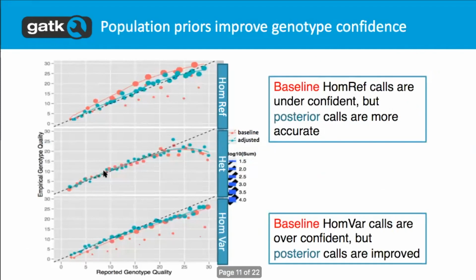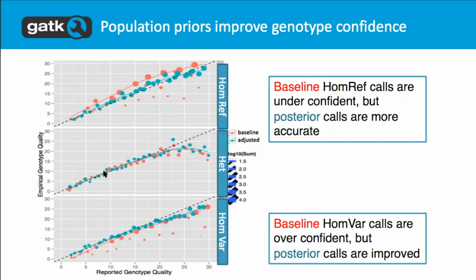Okay, so we did some validations just to make sure that we weren't using circular logic to convince ourselves. And so we looked at truth data and looked at how the calls were affected where we knew exactly what the call should be from orthogonal evaluations. And we try to figure out what is the effect of applying these tools.